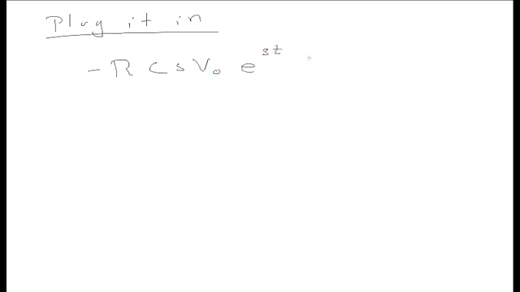Our next step is to plug it in. So, remember, the form is RC times s V0 e to the st equals negative V0 e to the st. If you don't believe me, plug this in for v of t into our original equation, take its derivative, and try to see what you end up with. We now need to algebraically solve for s. Well, luckily, this will go away. This can go away.